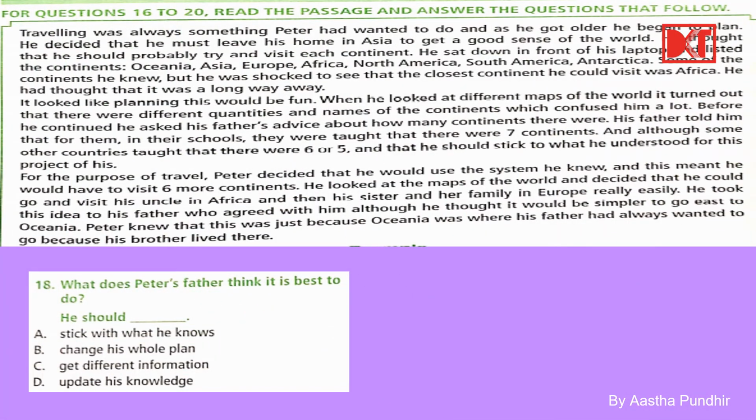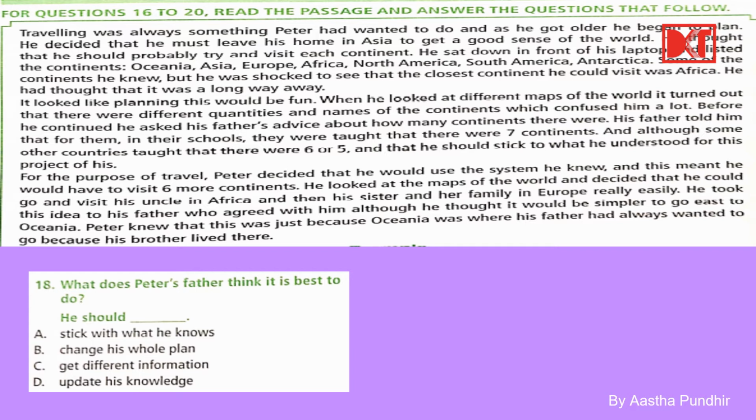Now next question says, what does Peter's father think it is best to do? Now he should A. stick with what he knows, B. change his whole plan, C. get different information, or D. update his knowledge. Now here, what did Peter's father suggest? Here.